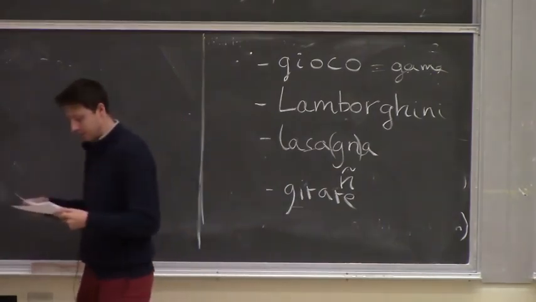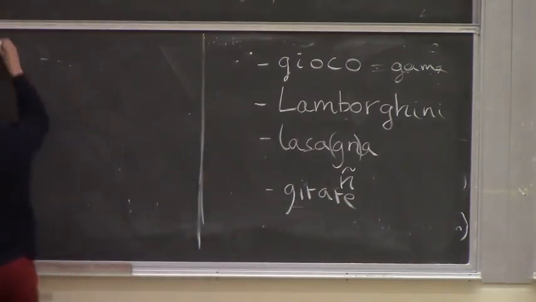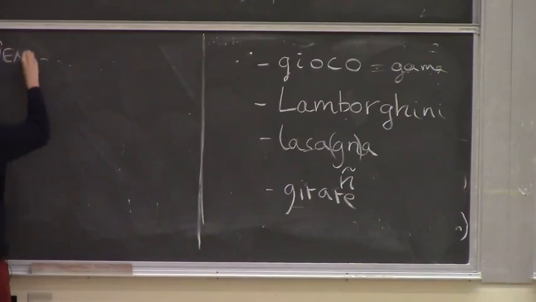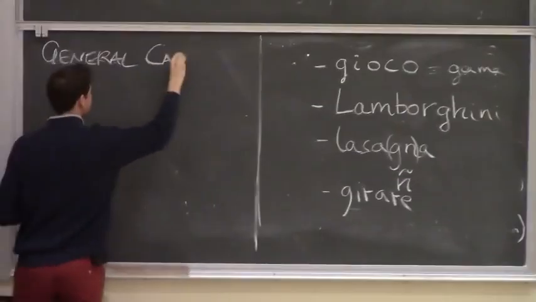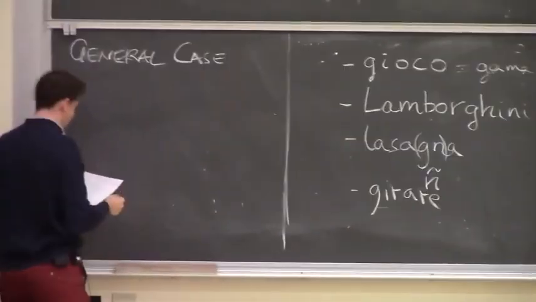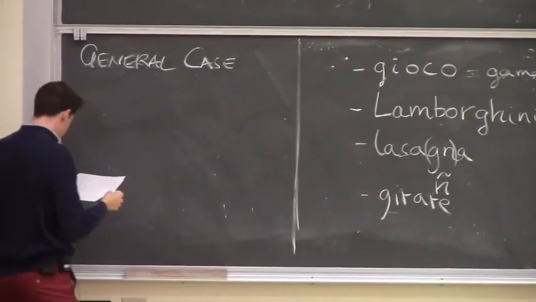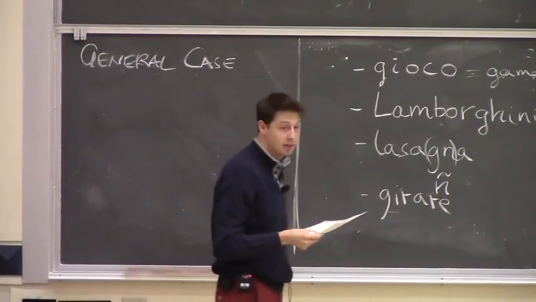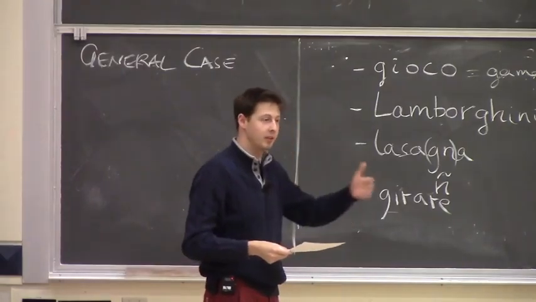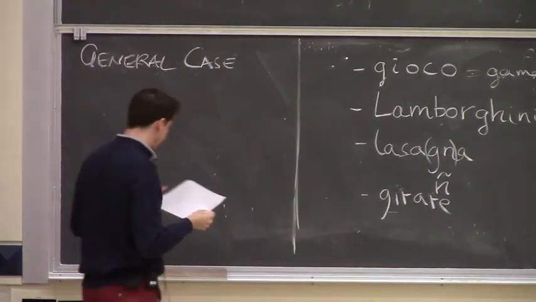Now that you're relaxed a bit, let's look at the general case. Let's try to see how to write this linear program in the general case, just so we see the pattern, okay?